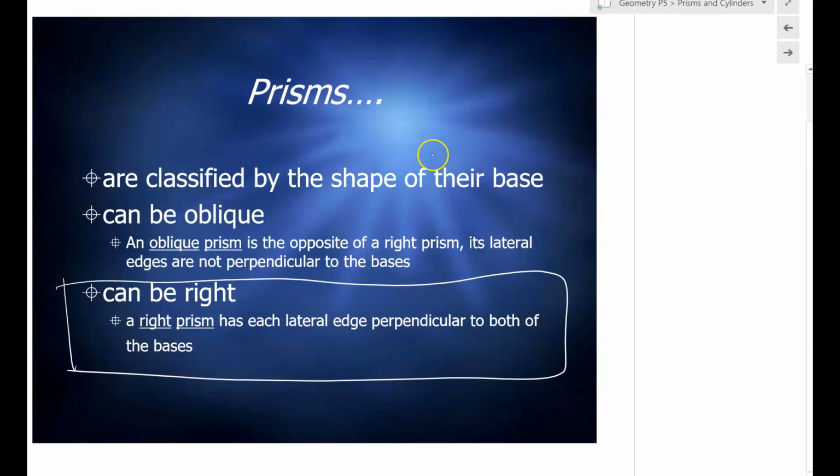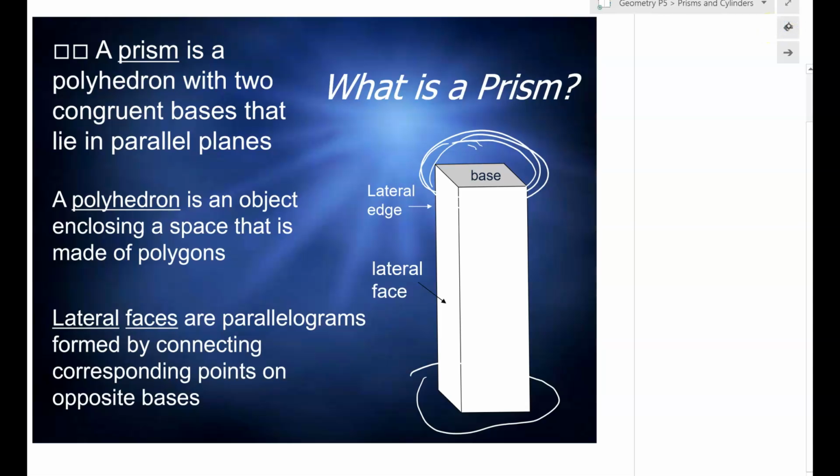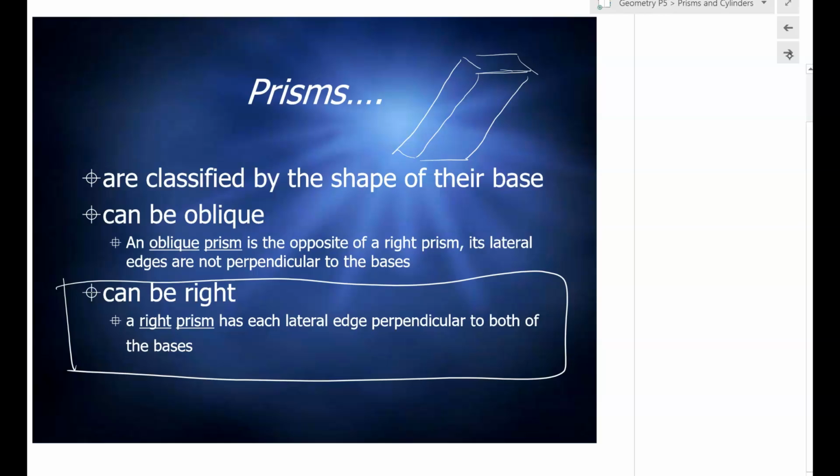In other words, if I had some base here, that looked like this shape, and then up above, the shape would be the same, the exact same base, an oblique one would be at some weird distorted angle like that. That might not be the best drawing, but you get the idea here compared to the previous one here, how it's straight up and down. Okay? All right. So we're going to deal with right prisms.